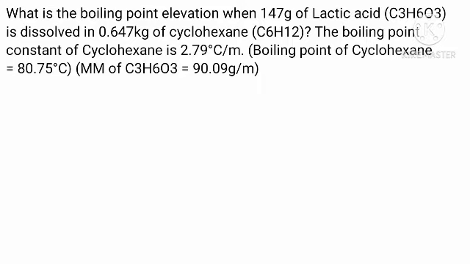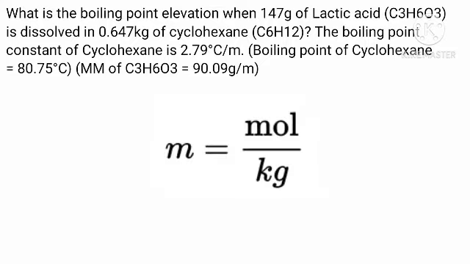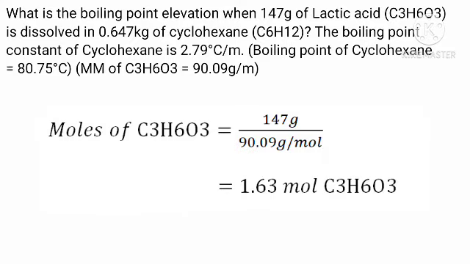The molar mass of lactic acid is 90.09 grams per mole. First, we have to find the molality. To find molality, we have to divide moles of lactic acid by the kilograms of cyclohexane. For us to get the moles, we have to divide the given mass, which is 147 grams, by the molar mass, which is 90.09 grams per mole.